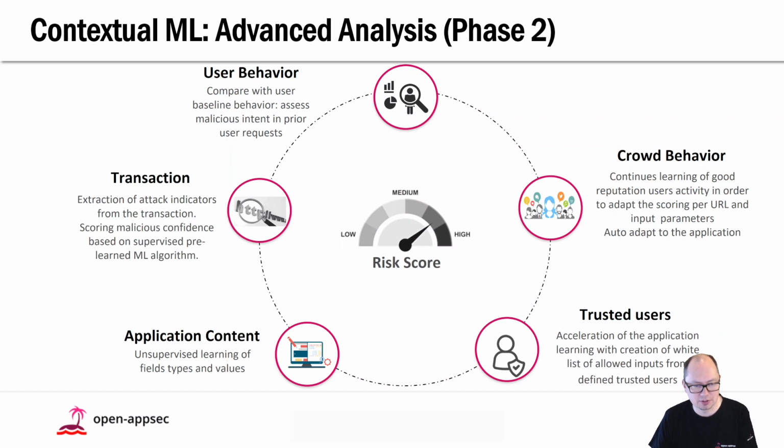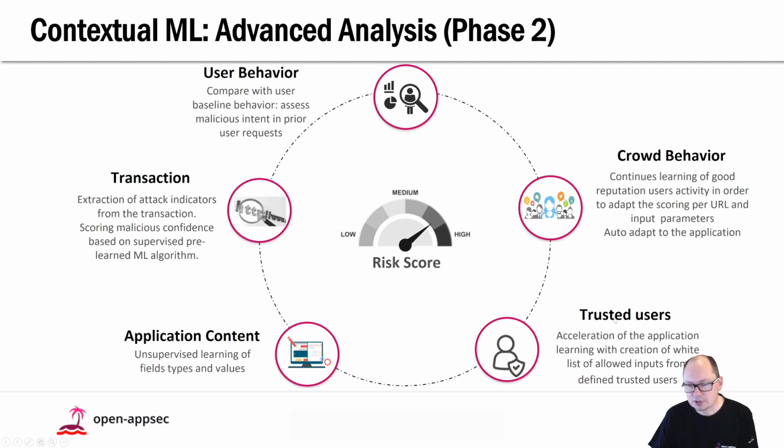We also do this from a specific value perspective, but we also look at the full crowd behavior for what we see on the whole website, on the whole URL, and so on. So we do a lot of baselining and checking what's the normal behavior and what stands out as untypical suspicious behavior, before then in the end we do the final verdict.